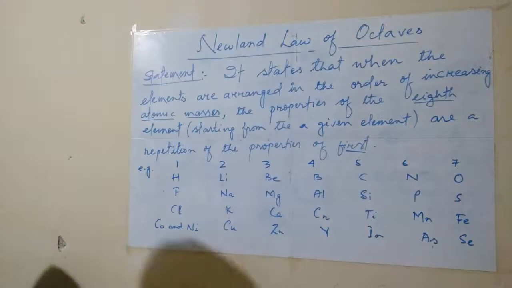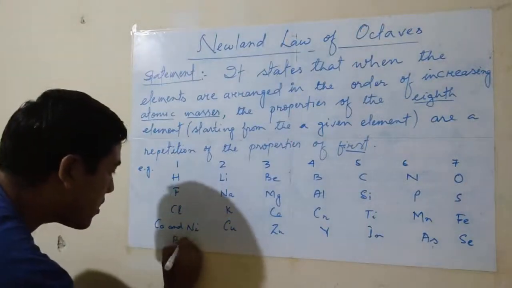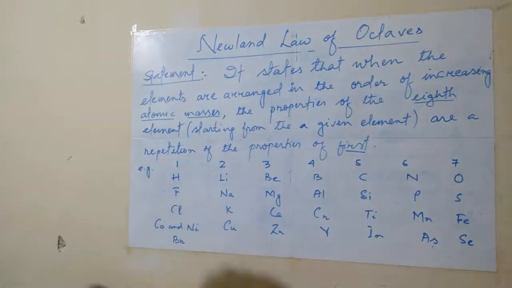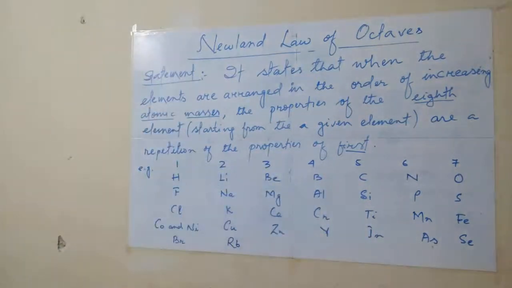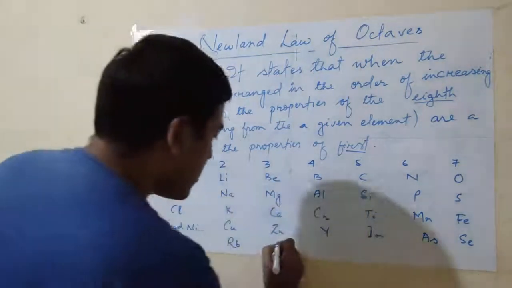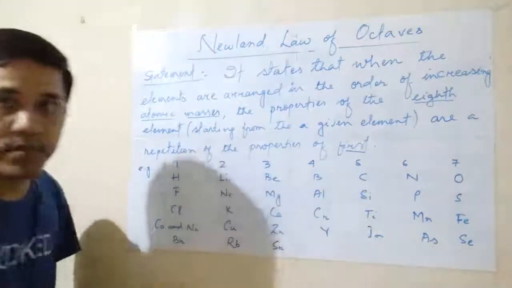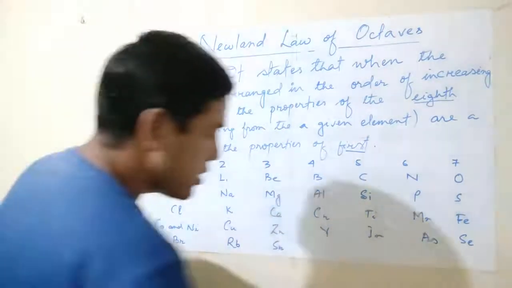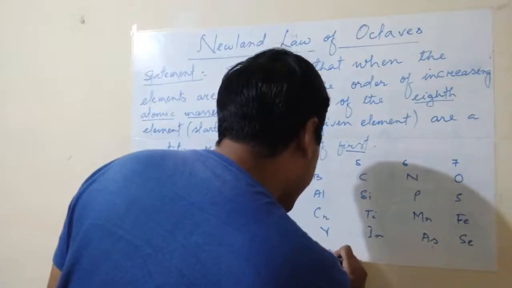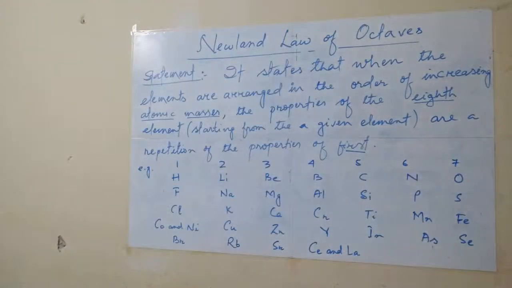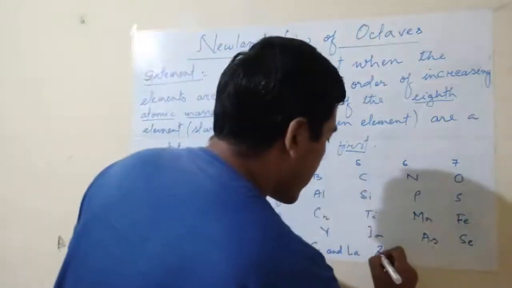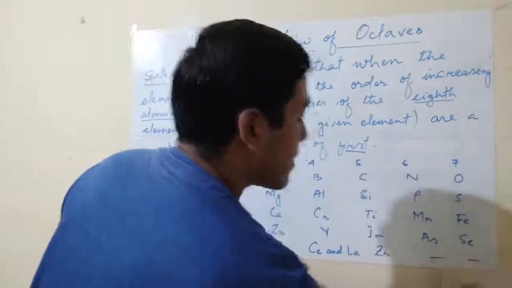The next one is bromine, rubidium, strontium, next cesium and lanthanum. Now there is zirconium, blank.